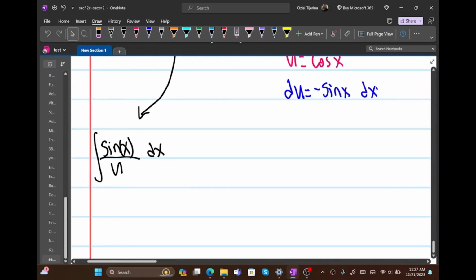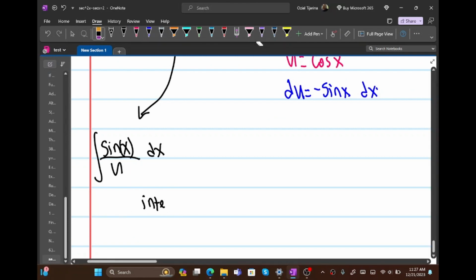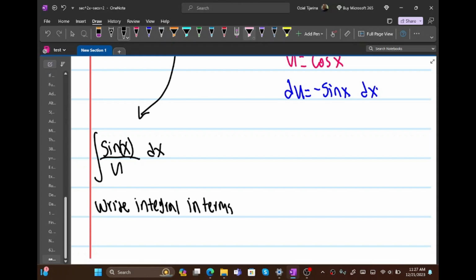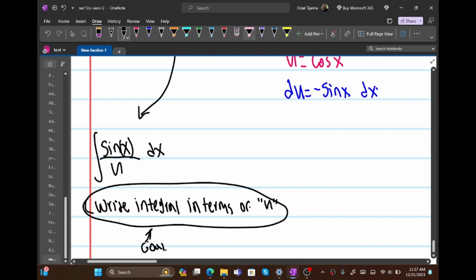However, we want to make sure the integral is in terms of u. That is always our goal when it comes to u substitution.